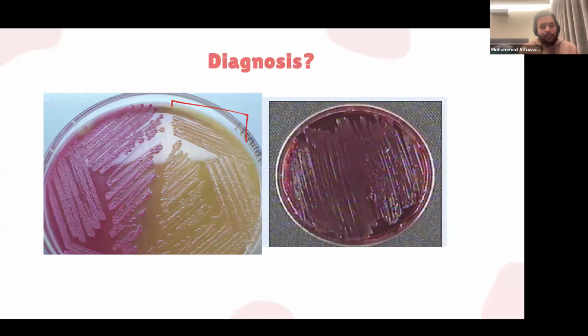Xylose lysine deoxycholate. So this is the xylose lysine deoxycholate agar. Again, Shigella is a gram-negative rod, non-lactose fermenter. That's how you can differentiate it from EHEC, in terms of the virulence factors that it has.